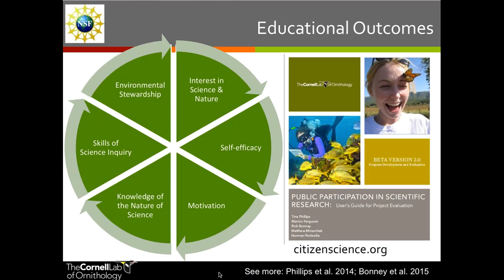So these are the commonly named outcomes that project leaders across the field have said they are really interested in influencing with respect to individual participation. You may have noted I didn't say we have instruments or surveys for the knowledge of nature of science. We're still struggling with that one, but you can also go to that website to find and download the instruments for free if you're interested in measuring any of those kinds of learning outcomes.